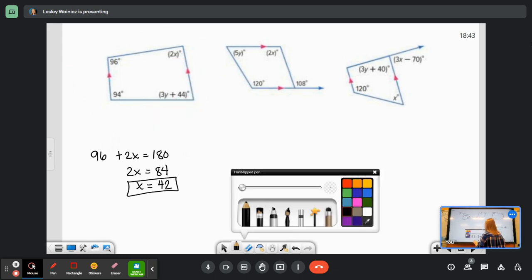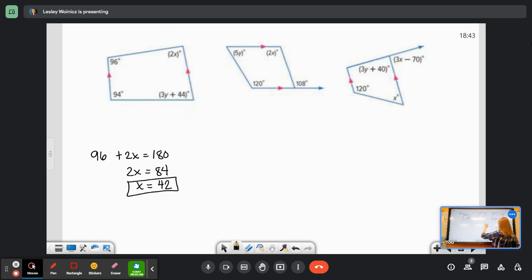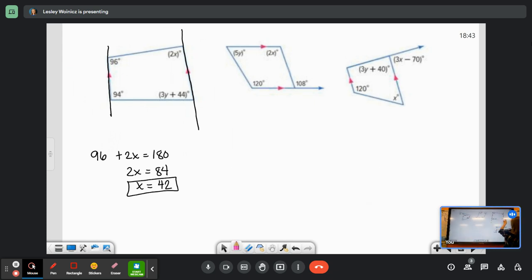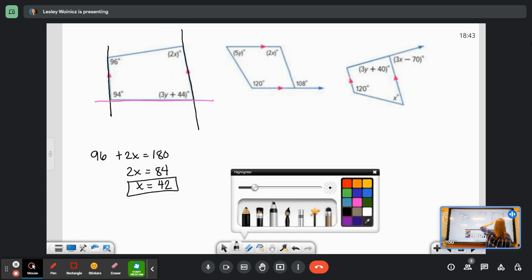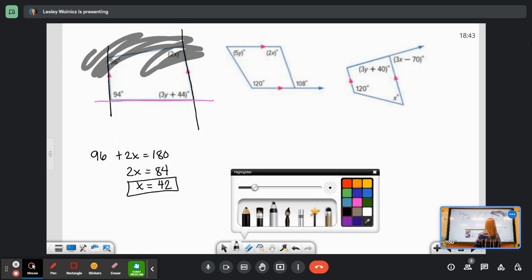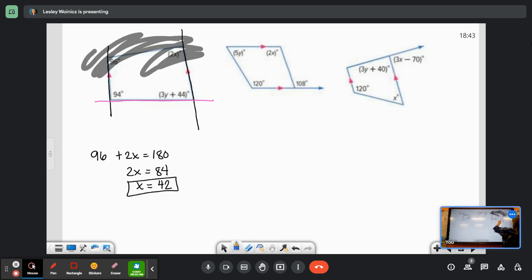Now, we're going to use the other part. So we still have our two parallel lines. But now with the transversal, we're going to pay attention to this part, and we are going to ignore this part up here. We don't care. Not our circus, not our monkeys. Not anymore. For this part, these are also same side interiors.